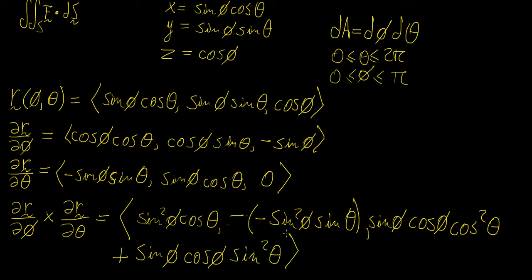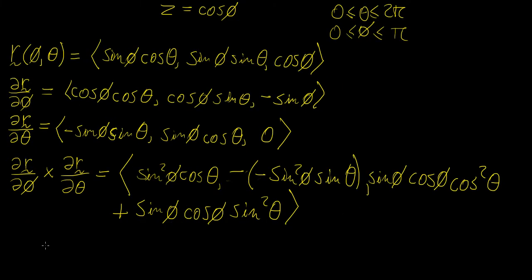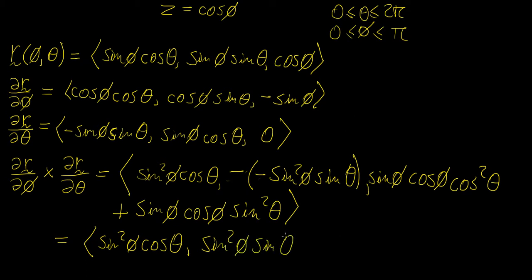Alright, so now that we have that, let's rewrite this as sine squared phi cosine theta. Second one becomes a positive, so that's sine squared phi sine theta. And then for the last one, we notice that this and that are common, so they add up to 1, so we have sine phi cosine phi.